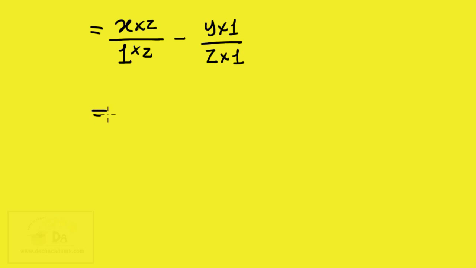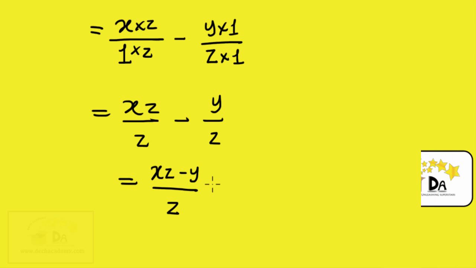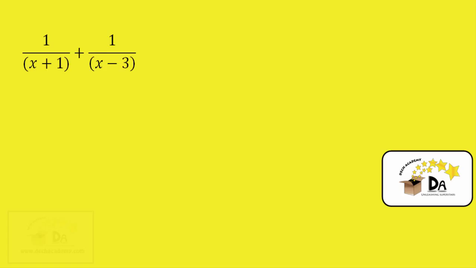And simplifying gives xz over 1 times z is z, minus y times 1, y, z times 1, z. Now we have two fractions with the same denominator, so we know the result is a fraction whose denominator is z, the same, and whose numerator is given by xz minus y. And we're done.